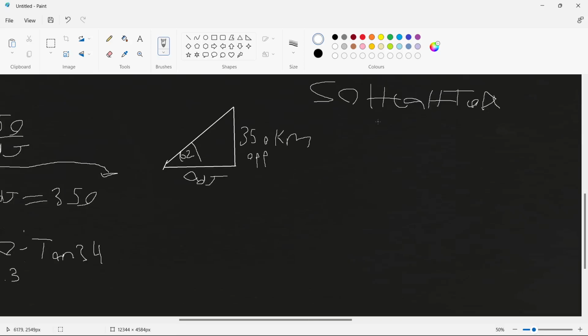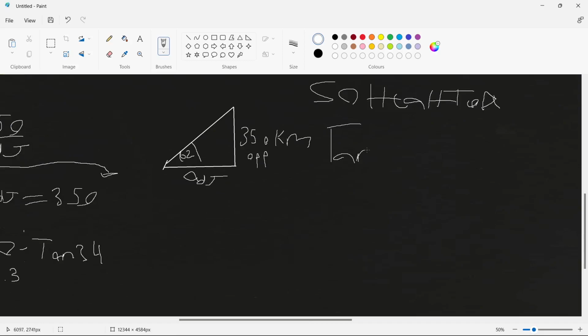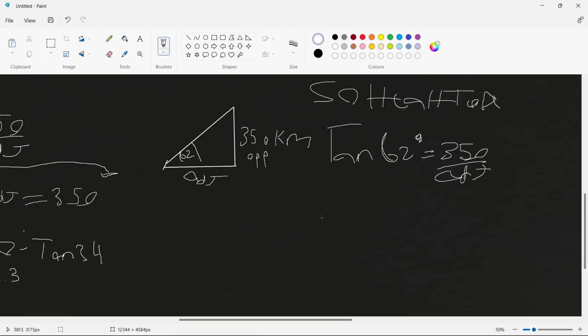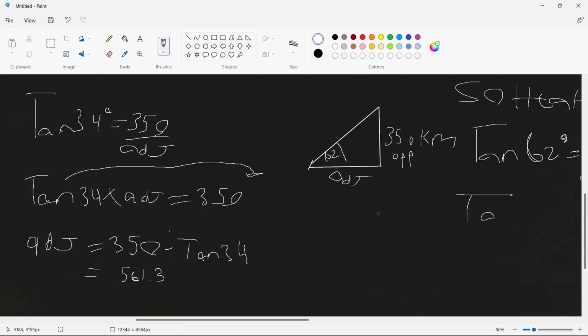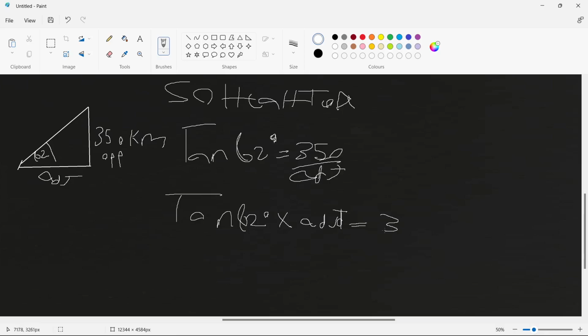We're going to do the same thing, but this time we're going to put tan 62 equals 350 over edge. Then 62 times edge equals 350.